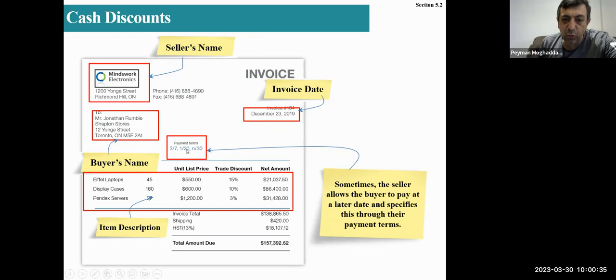Between 7 days and 20 days, if you miss the 7 days but pay between 7 and 20 days, you get 1% discount. And if you pay after 20 days up to 30 days, you have to pay the whole price, the whole amount. Okay, so that's how you read this table. So 3/7, 1/20, N/30 means 3% discount within 7 days, 1% discount within 20 days, N means net price within 30 days. Okay, that's how you read this payment term.